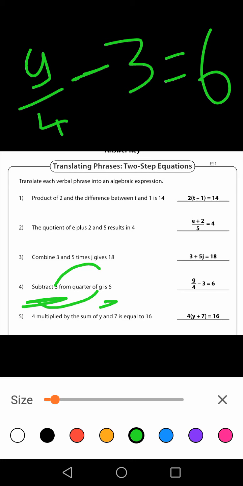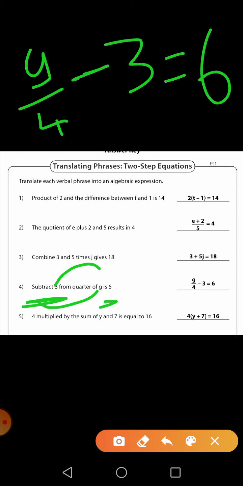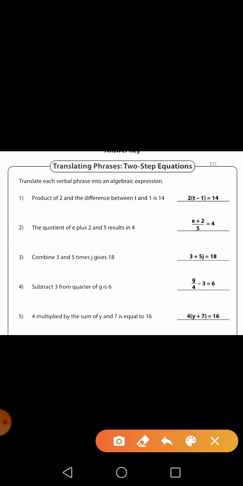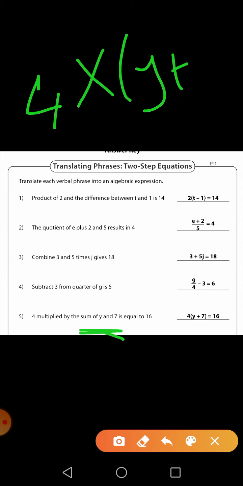What about the fifth one? 4 multiplied by the sum of y and 7. The second term is the sum of y and 7, which has two operations, so I will put parentheses. Equals 16.